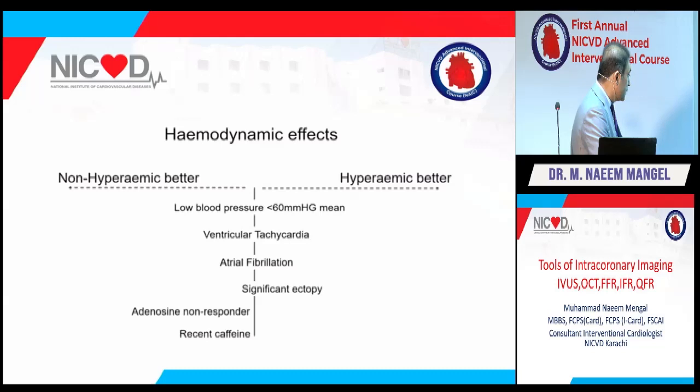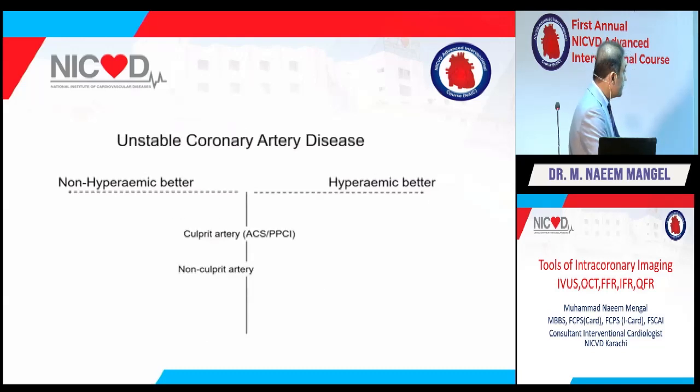So if the patient is using caffeine, or is not responding to adenosine, he better be a candidate for iFR rather than FFR. In the same way, in case of ACS, you can use any of the modalities, but in ACS, for the non-culprit lesion, you better use iFR.